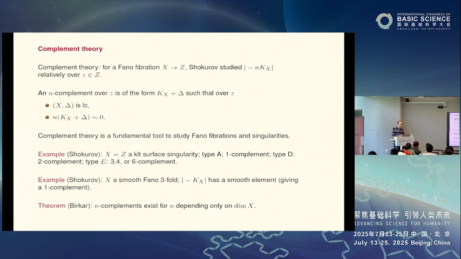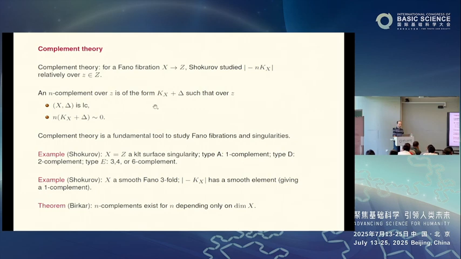We can fix a point on the base and see what we can get. So a complement is basically the choice of one of these n's and the choice of an element in minus K when you look at it as a linear system. I write this down as just a delta. So n times delta comes from minus nK. But I can also formulate it in this way.